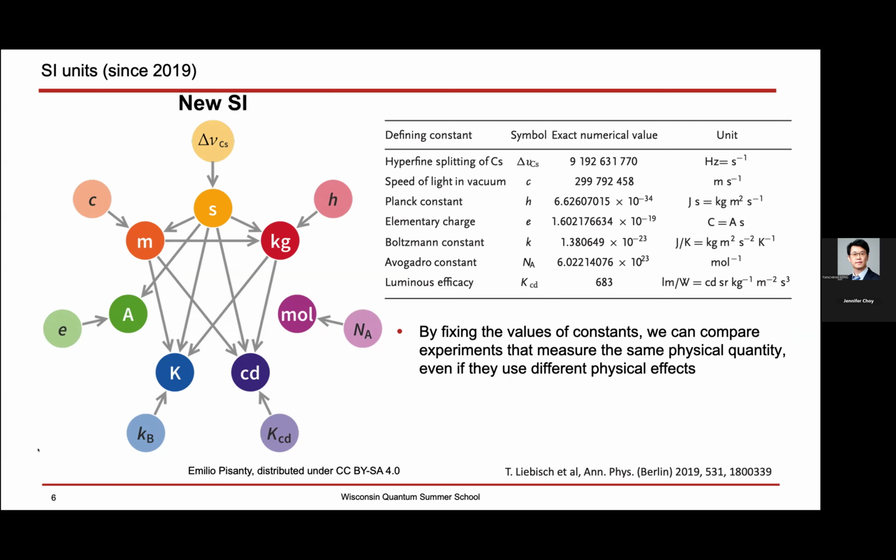That's a key part of fundamental tests of physics, which is to test these physics in different environments, using different methodology, and having fixed constants and a fixed set of units would allow you to really compare these results.